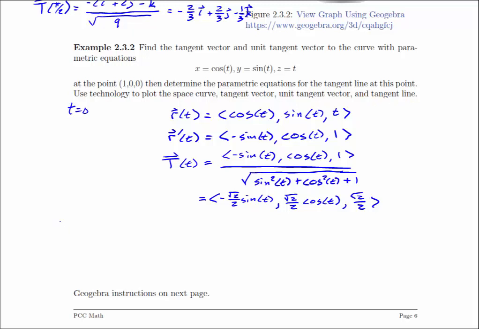So I think what I'm going to do is put these little bars and say, okay, we want this at t equals 0, so at r of 0. And this is the function for my tangent line now. It has an input of t. So this has r of 0 plus t times r prime of 0. R of 0, if we plug in, we get 1, 0, 0.